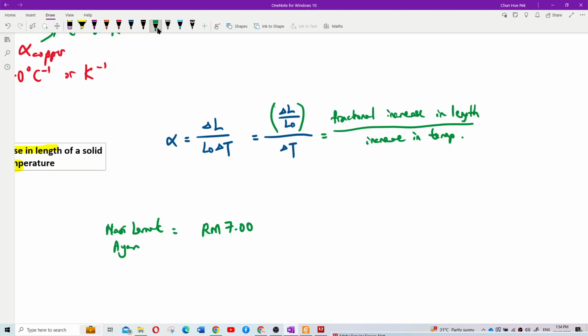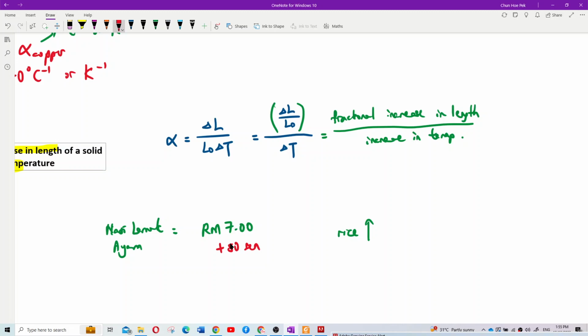Now, because the rice price has increased, the seller wants to increase the price by 50 cent.